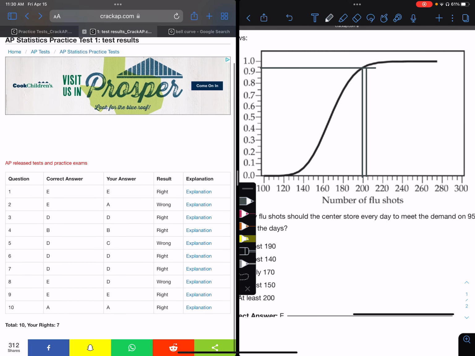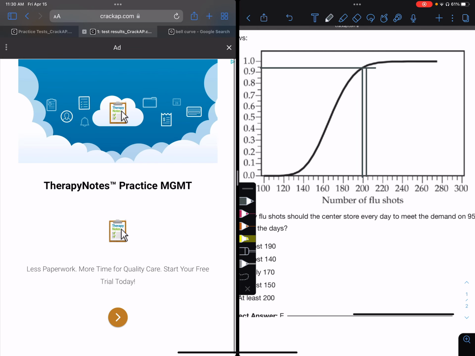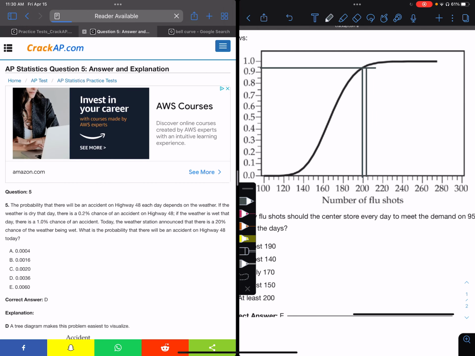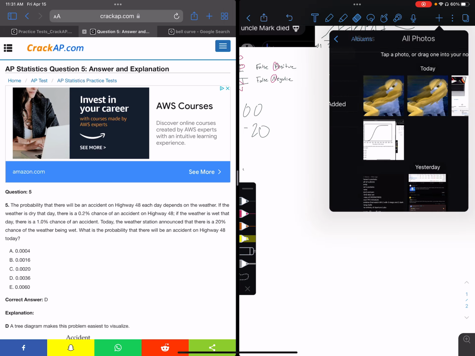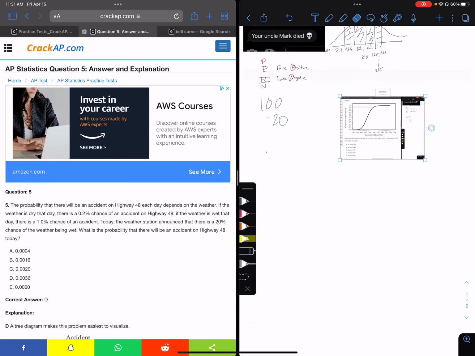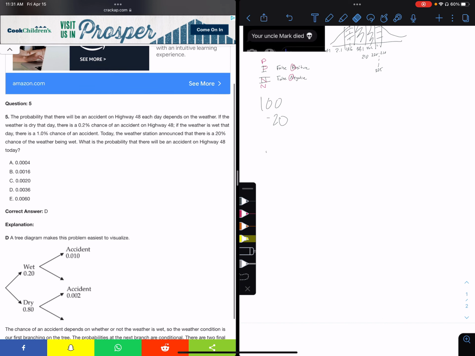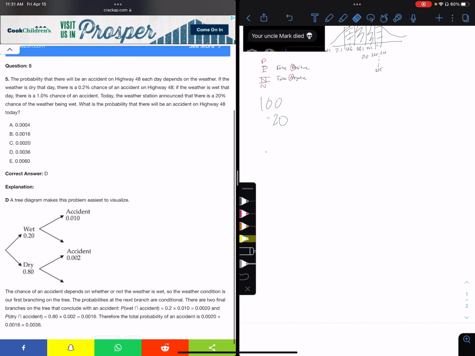Submit. Yes. Oh, these stupid ads. Erase this, please. I don't want this. How do I get rid of this? What's this? Oh, yeah. Oh, I remember.